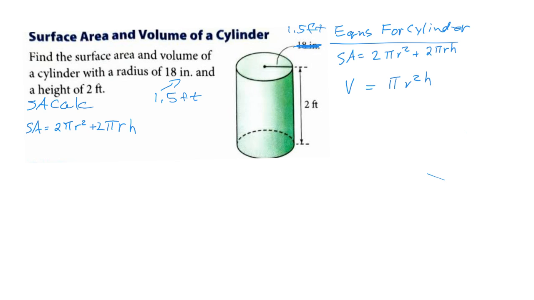So this is our surface area calculation. You kind of want to always identify that as you're doing it. And now we substitute directly. For the first half, 2 pi r squared, we have 2 times 3.14 times 1.5 times 1.5. For the second half of the equation, which is 2 pi r h, we're going to get 2 times 3.14 times 1.5 times 2.